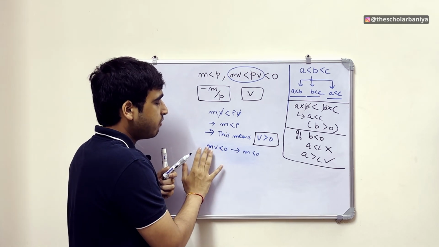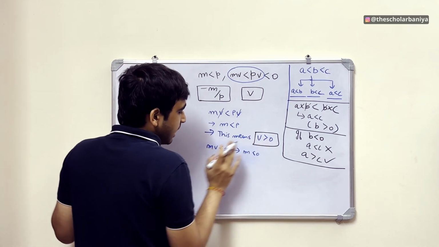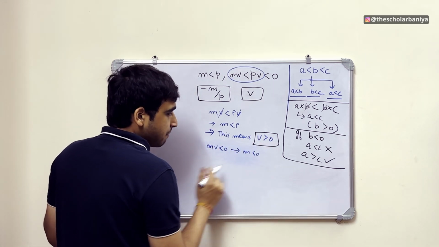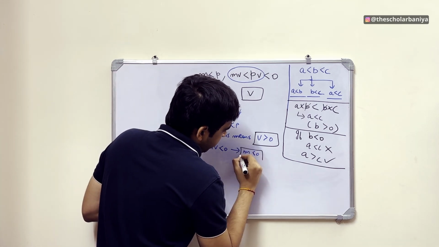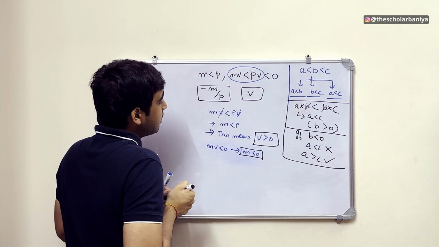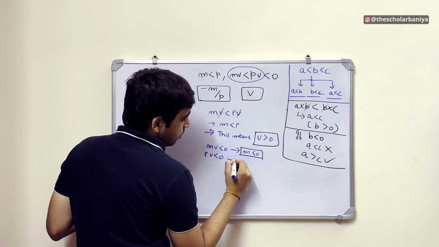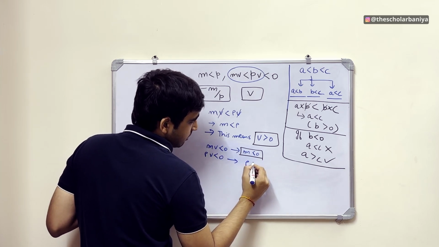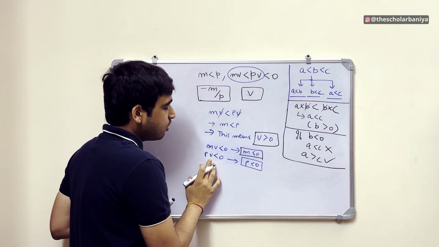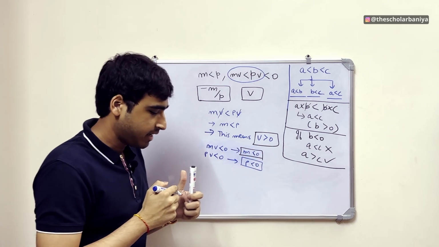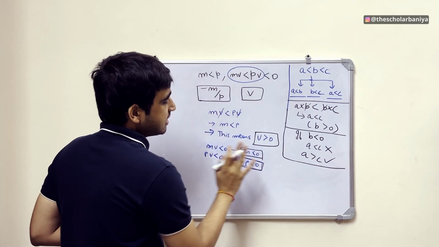But we know v is positive, that means m has to be negative. So this is another thing that we have found. Similarly, pv is also less than 0. Since pv is less than 0, that means p is less than 0. Again, the same logic: because v is greater than 0 and the product is negative, p has to be negative. So p is less than 0.